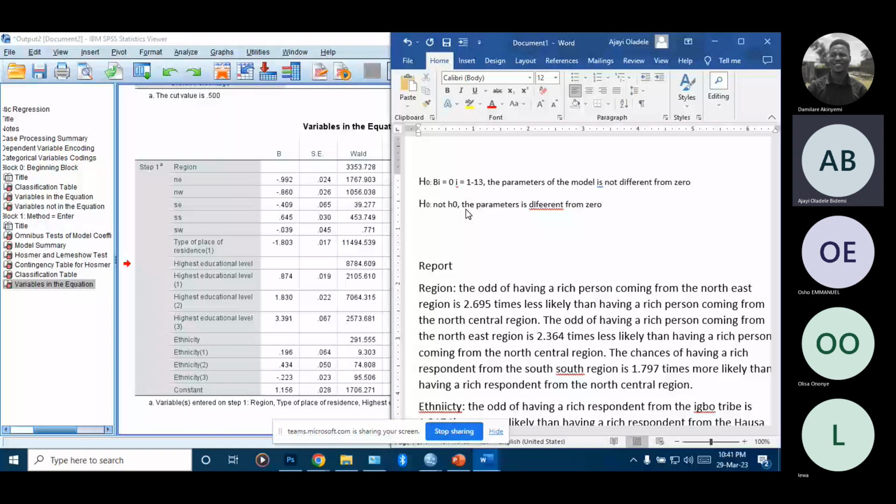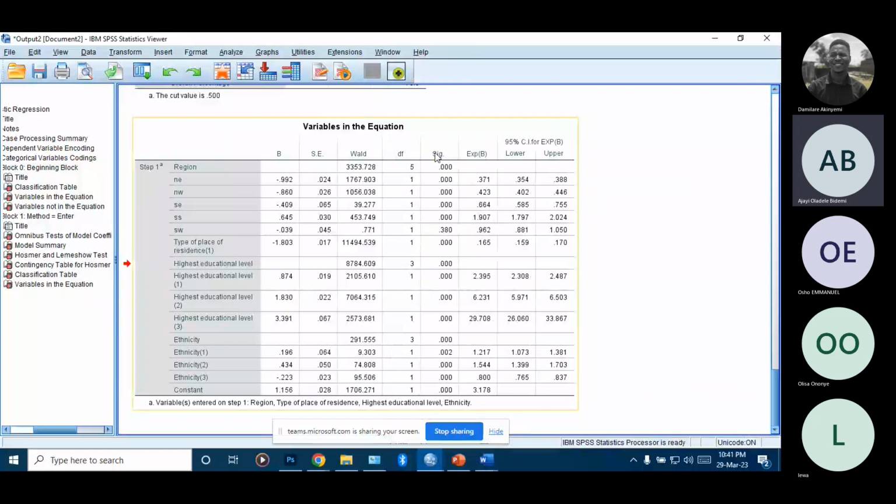Now, you reject H naught if the p-value is less than alpha. For all of these variables, we can see that the p-values are less than alpha.